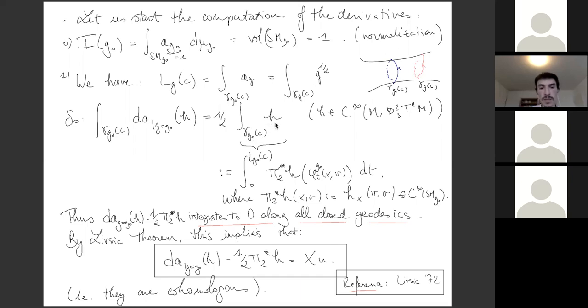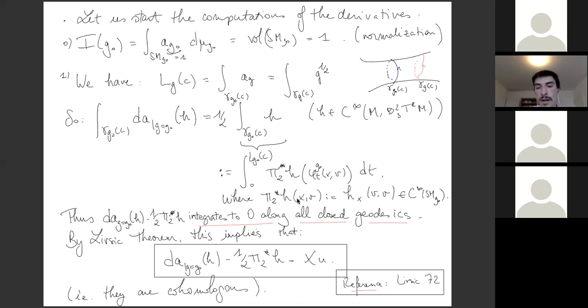Now, what does it mean to integrate a tensor along a geodesic? Well, there's a way to see this which I particularly like, which is you pull back your tensor on the unit tangent bundle. Namely, when you have a symmetric 2-tensor, you can define a canonical function associated to this tensor, which lives on the unit tangent bundle. And this function I will denote by π_2^* of h. So the 2 is for symmetric 2-tensors. And how is it defined?